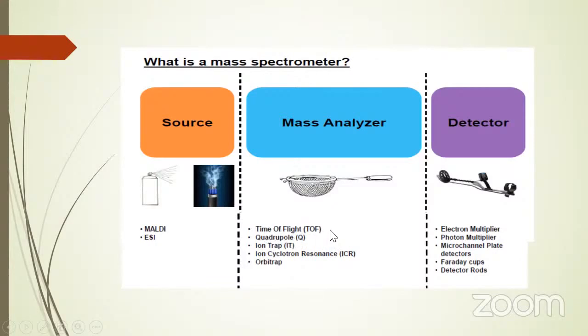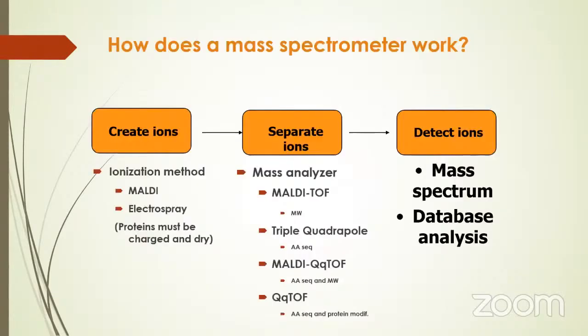Based on time of flight, how much time the ion takes to move from the start point to the end point of the pipeline, that time will be detected. There are many kinds of detectors. So the principle is: the source, then the mass analyzer, which generally takes the time of flight, and then the detector detects the fragment.